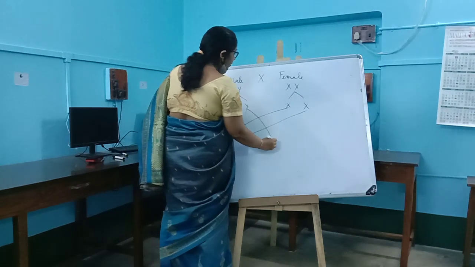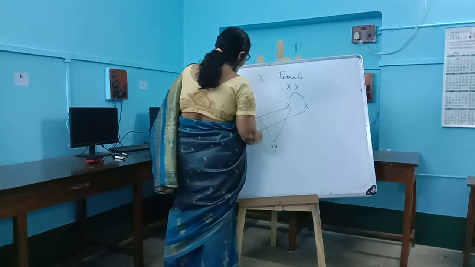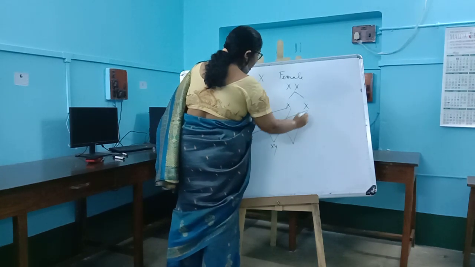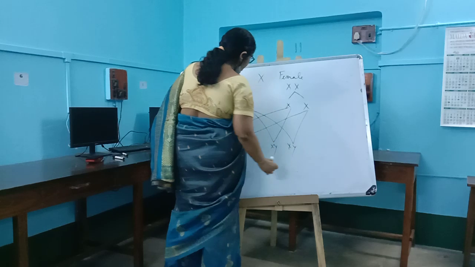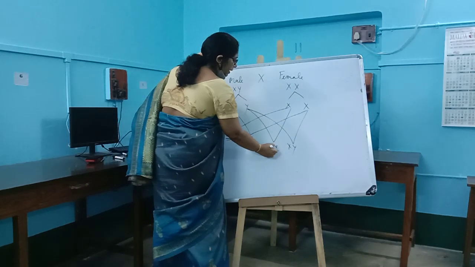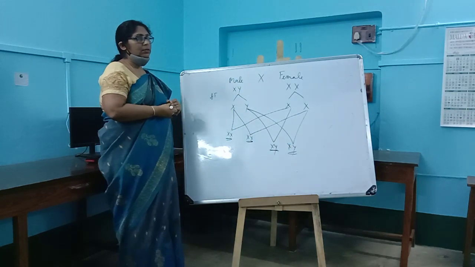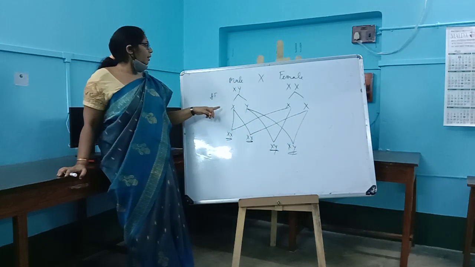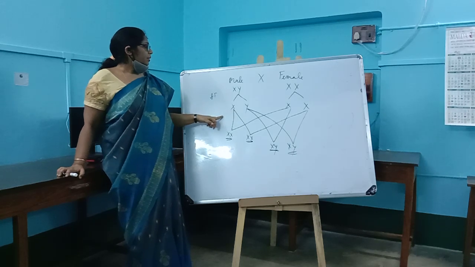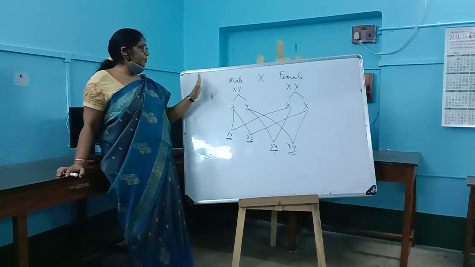If the Y of the male combines with the X of the female, it becomes XY, and again here also we will be getting XY. This is going to be a female child, this is going to be a female child, this is going to be a male child, male child. So it's a 50-50 probability. Now here you see, how can we say that the sex of a child actually depends upon the father and not upon the mother?